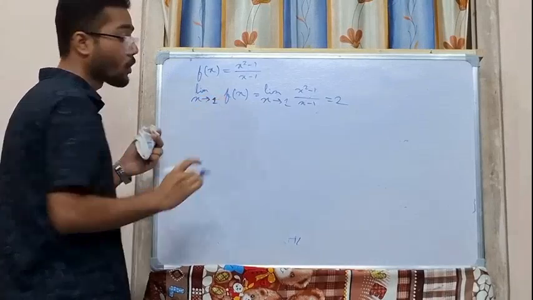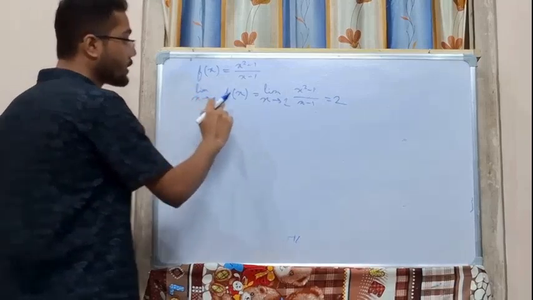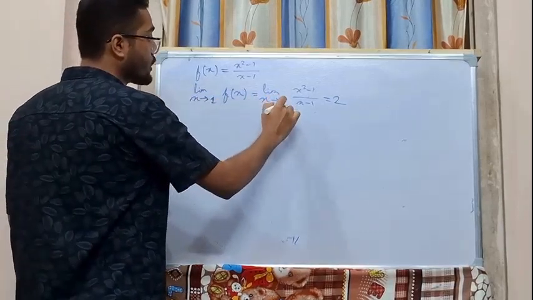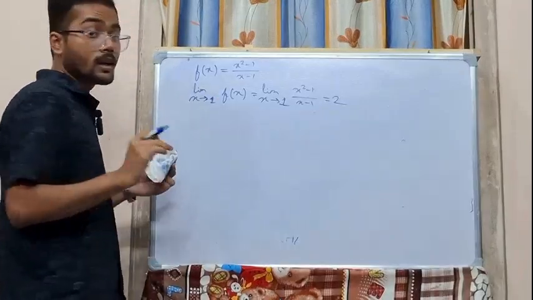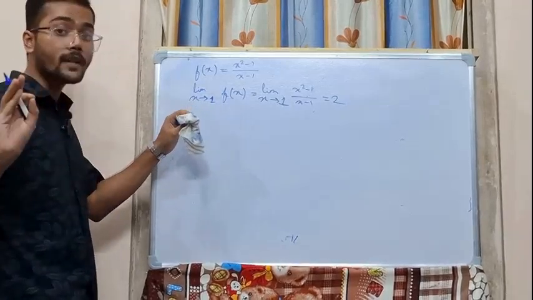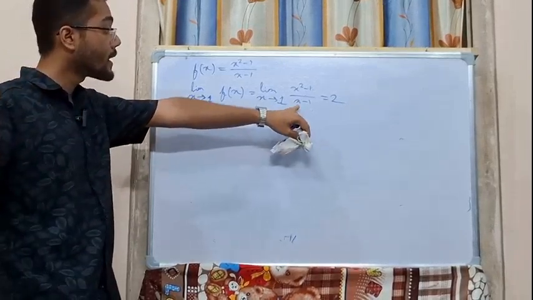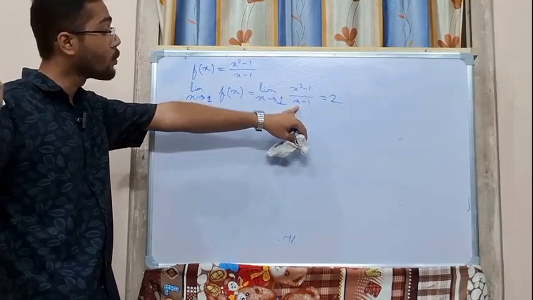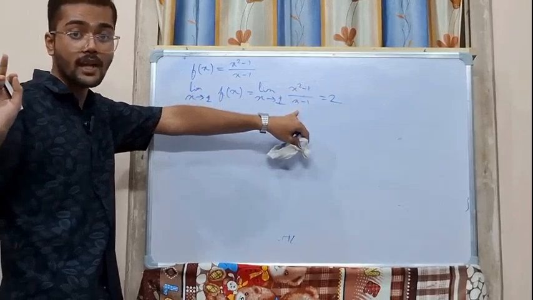That's why we are not writing any sign here. Limit x tends to 1 of f(x) is equal to 2. Mind it, x is not equal to 1. x is very close to 1. When x is 1, this function will be invalid.